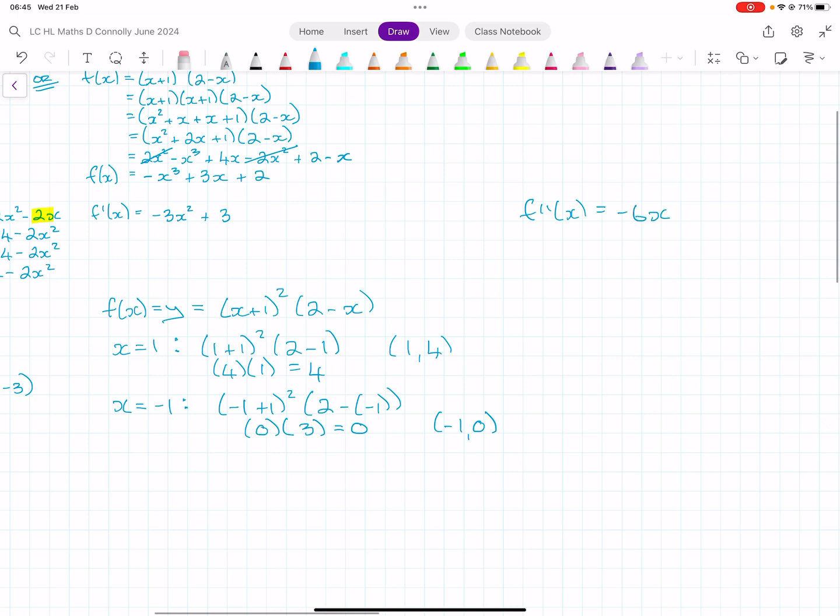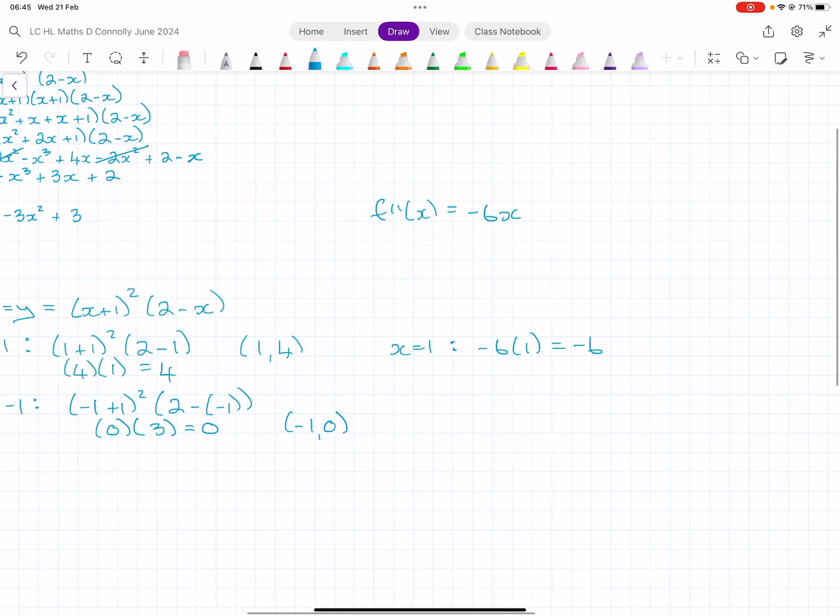So minus 6x, and x equals 1 is minus 6 times 1, which is minus 6. Minus 6 is negative, which means it's the max. And then x equals minus 1.